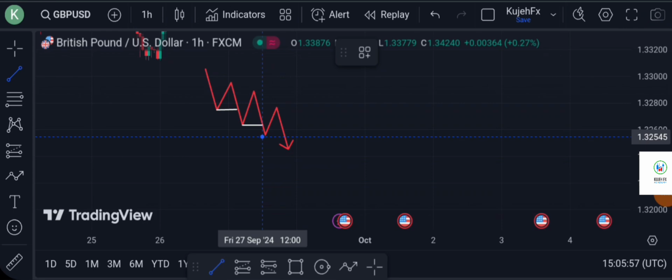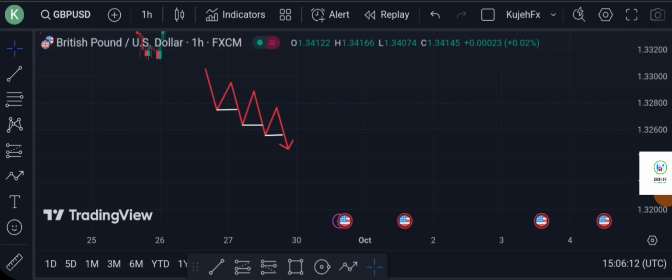The market creates a lower low, goes up to create another lower high, and comes back to break the previous lower low, making it a break of structure. So this is what a break of structure simply means. When the market breaks a structure to the downside in a bearish market, it is telling you that it wants to continue its trend downward.